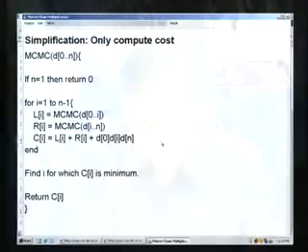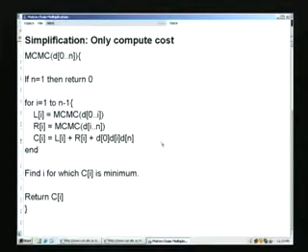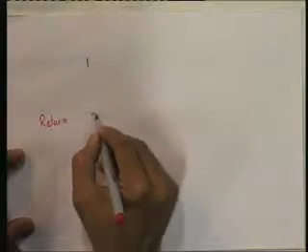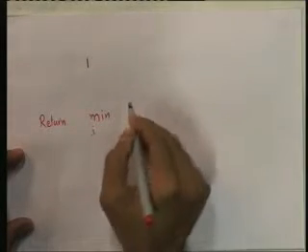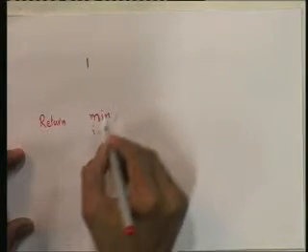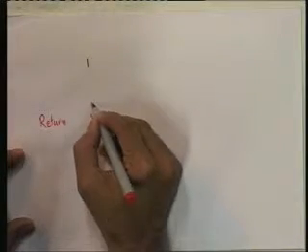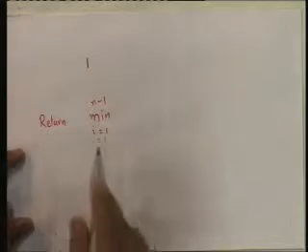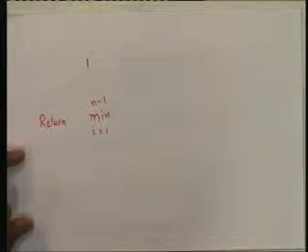So, I will just write this as return the minimum over all possible values of i, with i going from 1 to n minus 1, of what? It is just going to be this C of i over here. So, instead of Li, I will just substitute this MCMC.